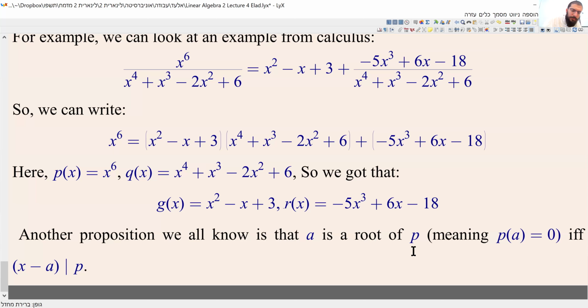And of course, vice versa. If x minus 2 is one of the components in the polynomial, then 2 is the root of the polynomial.